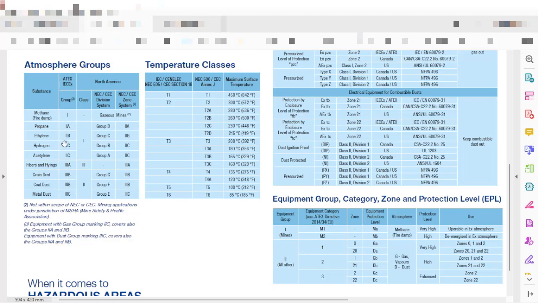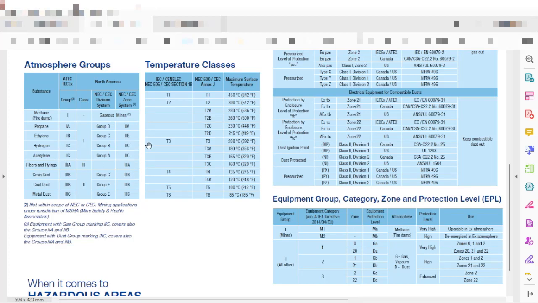You can verify that we have 2A for propane, the same 2A in the North America zone system. Besides that, if we read note number 3, it tells us that equipment with gas group marking 2C also covers groups 2A and 2B.